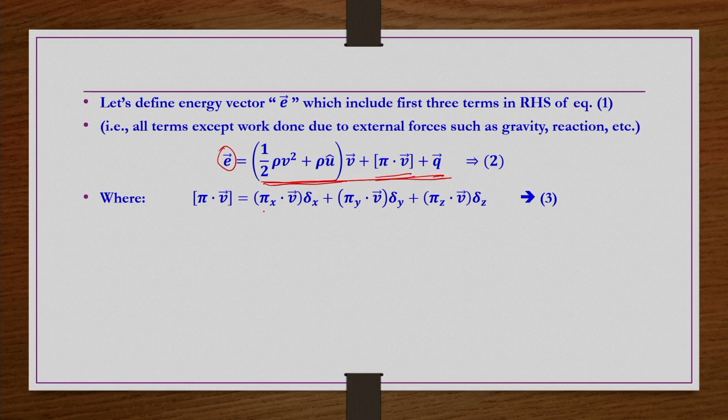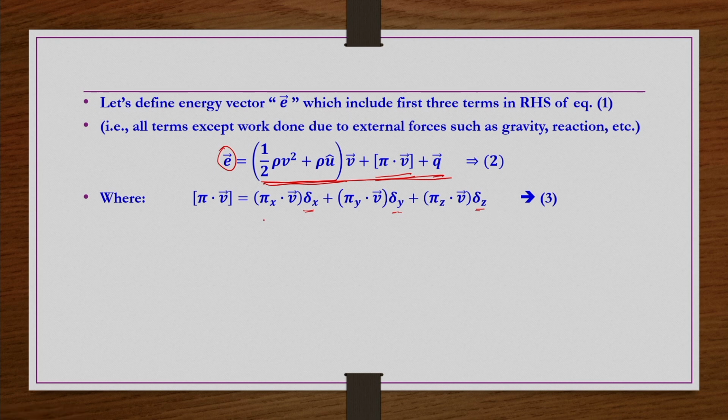Now here this pi dot v, because of the viscous stresses or molecular stresses, we already know that it is having 9 components. Individually you can write 3 components in combination, that is pi x dot v Kronecker delta x plus pi y dot v Kronecker delta y, and then pi z dot v Kronecker delta z. This is how we can have this pi dot v.